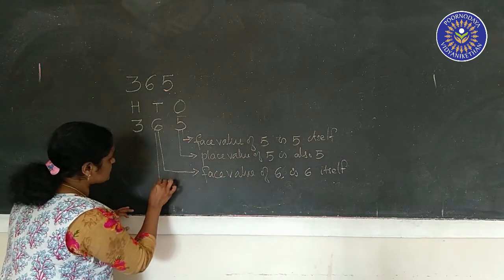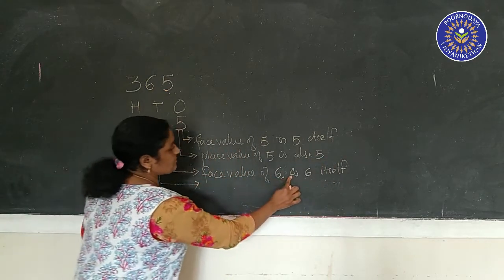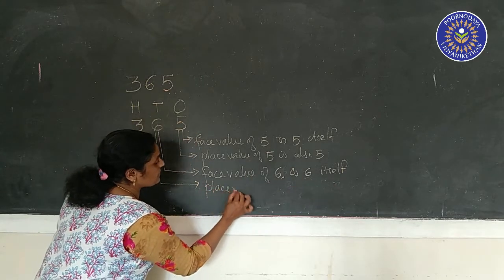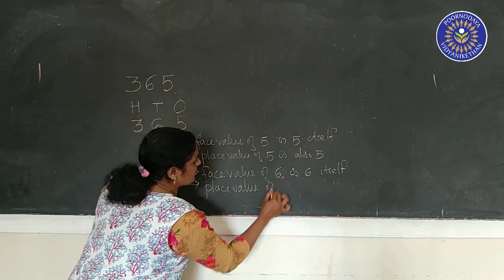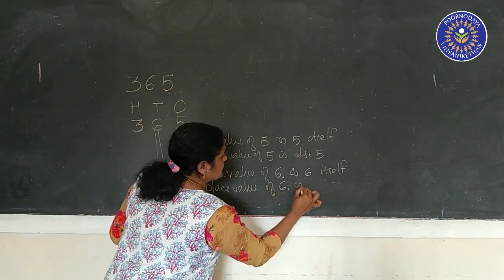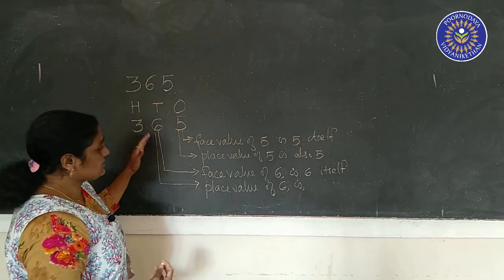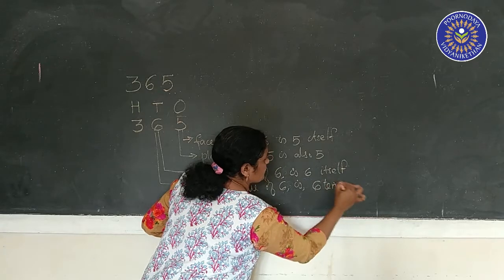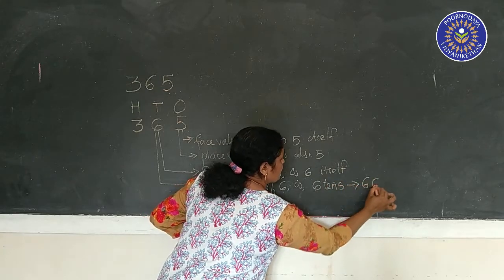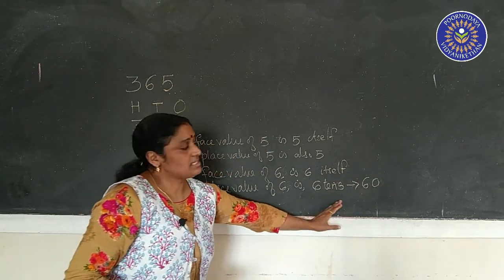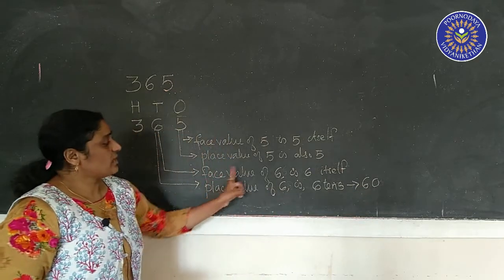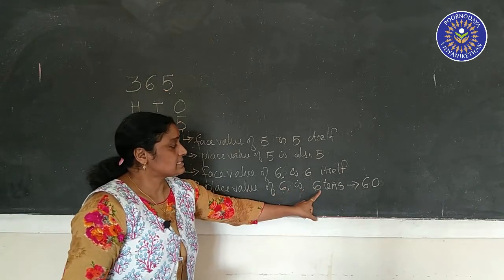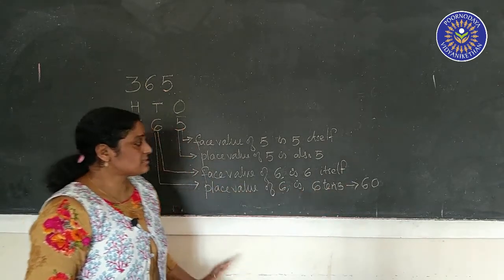Place value of 6 is in tens place. So 6 tens, that is 60. 6 tens means 60. Face value of 6 is 6 itself. Place value of 6 is 6 tens, that is 60.